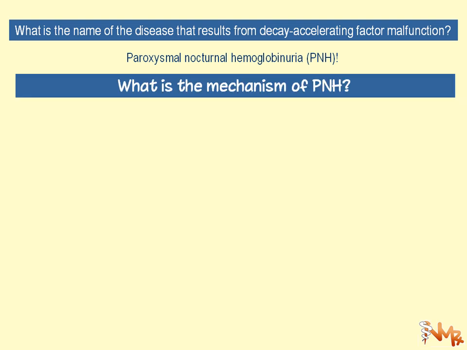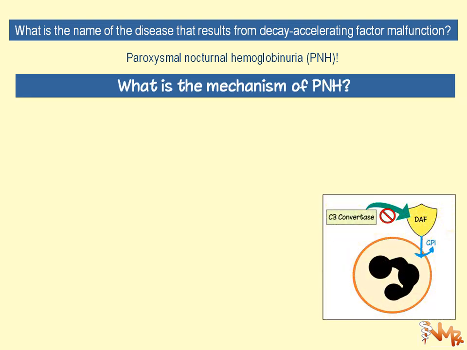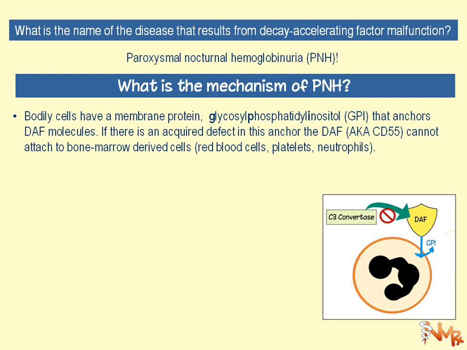So what is the name of a disease that results from decay accelerating factor malfunction? This is paroxysmal nocturnal hemoglobinuria, or PNH. What is the mechanism of PNH? Bodily cells have a membrane protein, which is glycosyl phosphatidylinositol, or GPI.